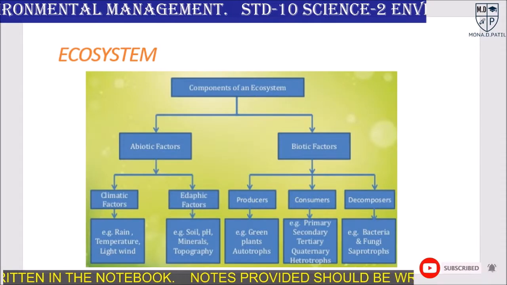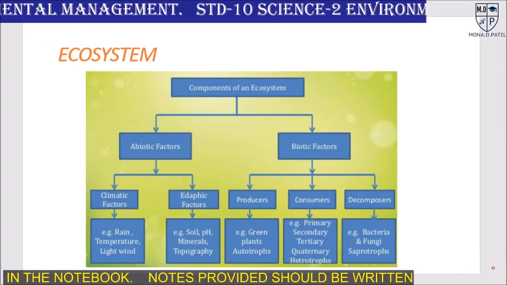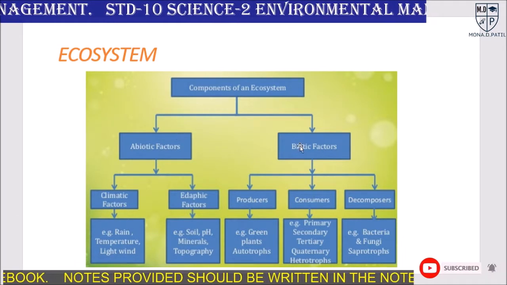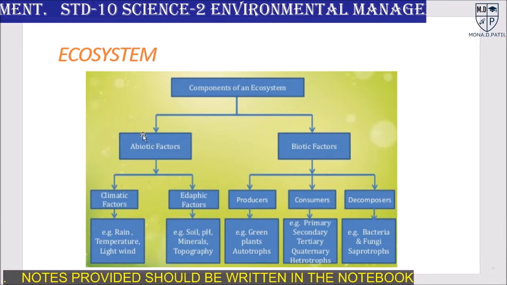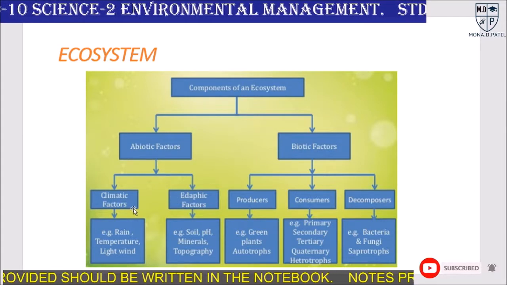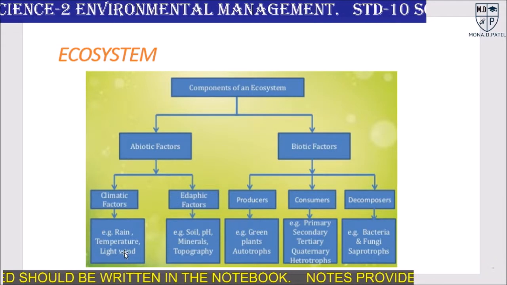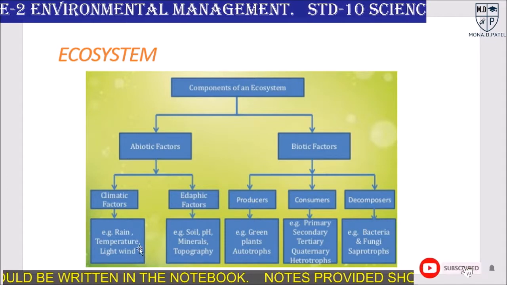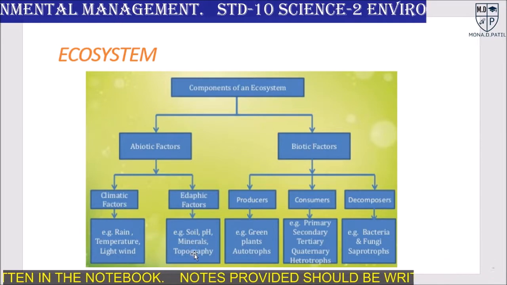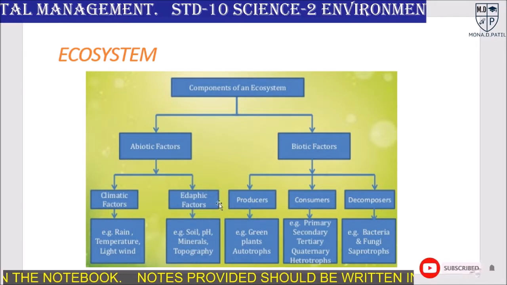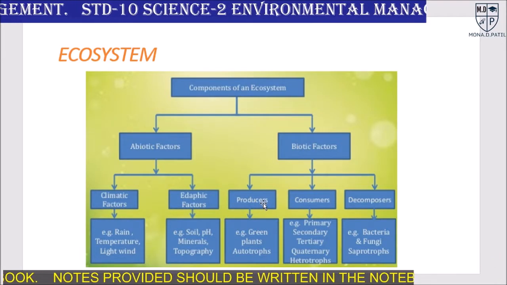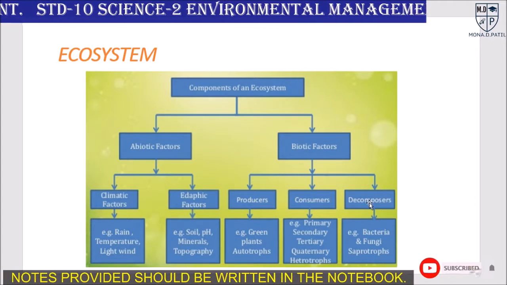Next, ecosystem. An ecosystem consists of two main components: biotic factors and abiotic factors. In abiotic factors, the climatic or physical factors are rain, temperature, light, wind, etc., and edaphic factors contain soil, pH, minerals, topography, etc. Biotic factors consist of three components: producers, consumers, and decomposers.